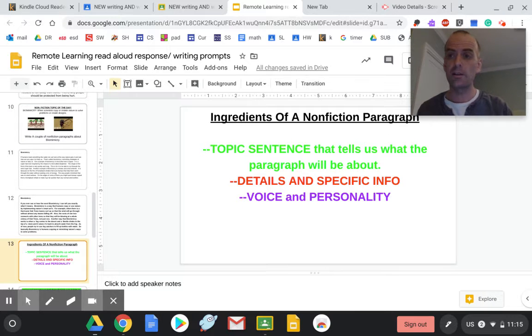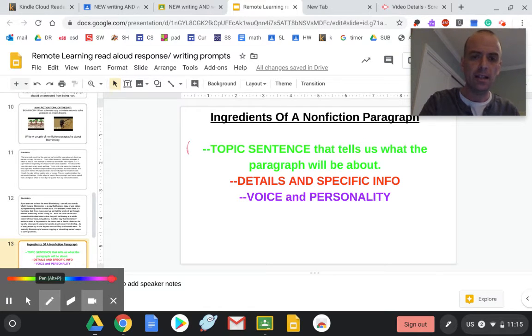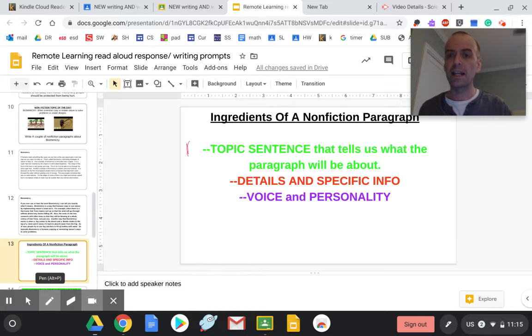So here are the three ingredients we're going to start looking at. One, good nonfiction paragraphs have a topic sentence, and it tells us what the paragraph will be about. Two, details and specific info. They teach us about it. They go a little further. They add details, they add information.